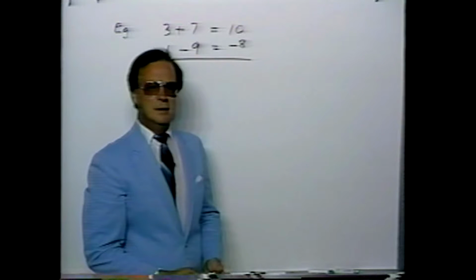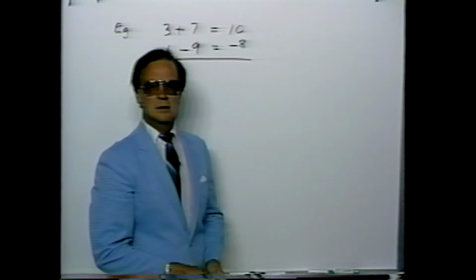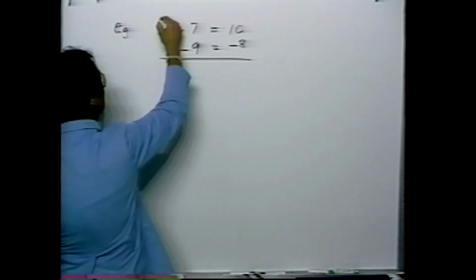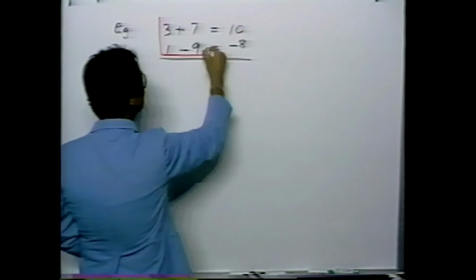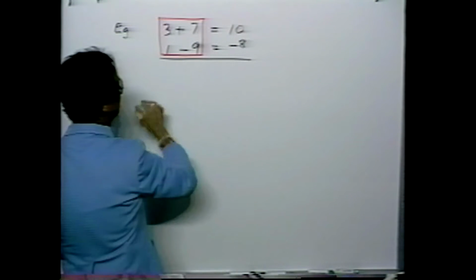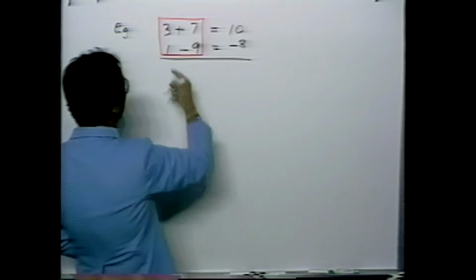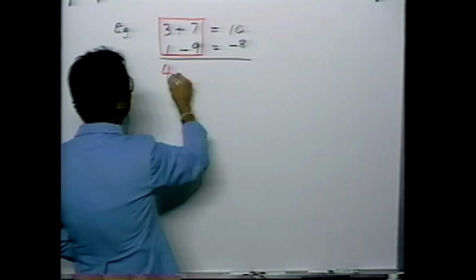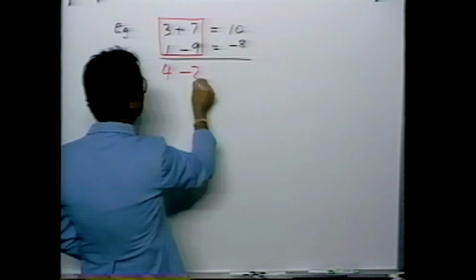And now, if I add both sides of the equal sign separately, in other words, if I take this side and add vertically, I end up with 3 plus 1 is 4, plus 7 subtract 9 is minus 2.